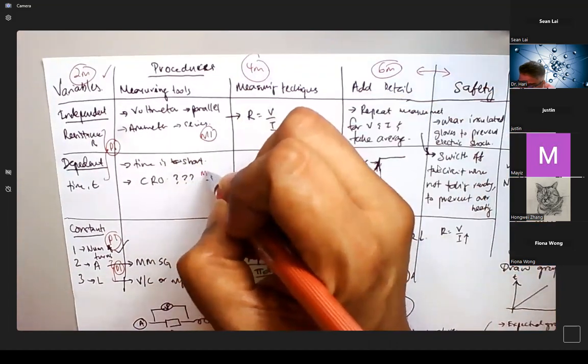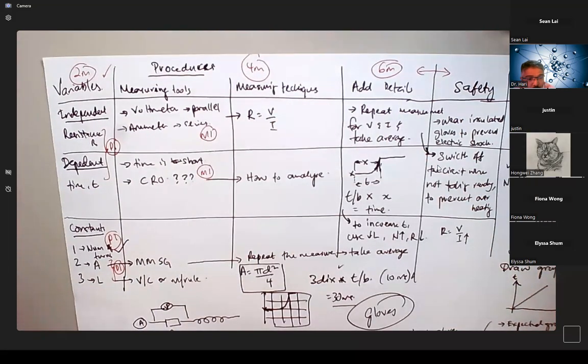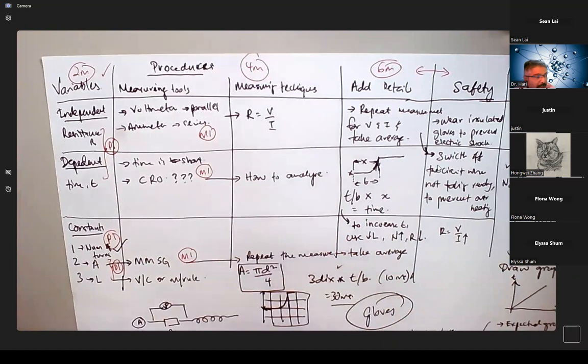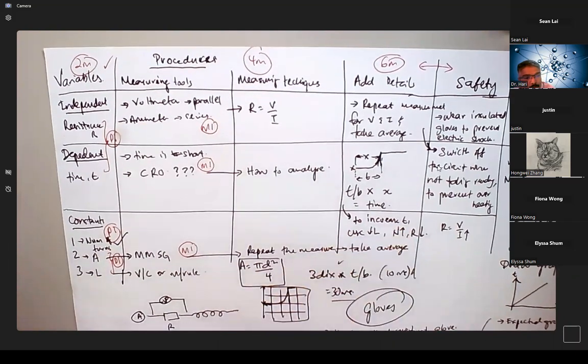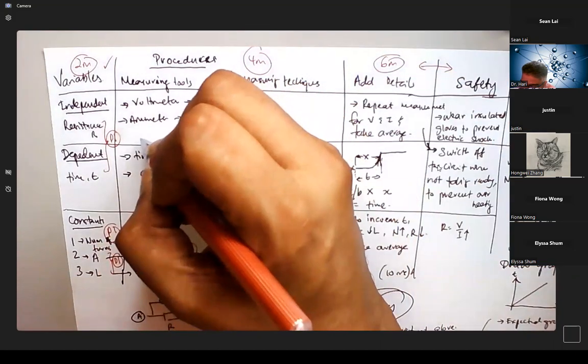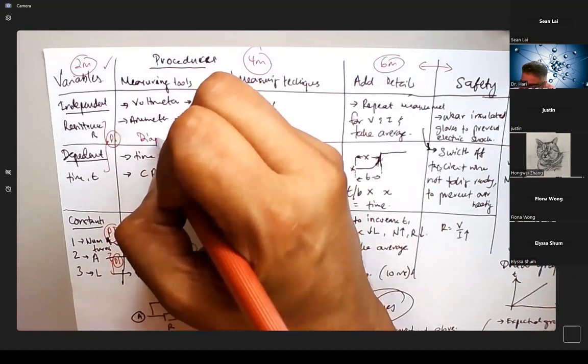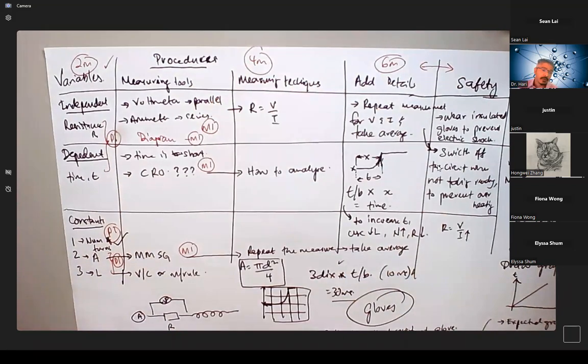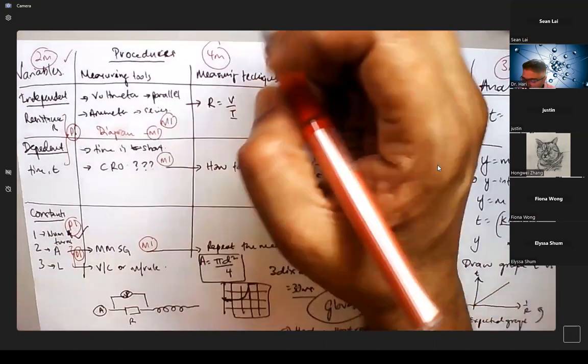This is another mark, M1, for the CRO to find the time. Where do you think another mark goes? For the diagram, you score 1 mark. As I explained just now, you have to draw the diagram and label it. So 4 marks, this is done.